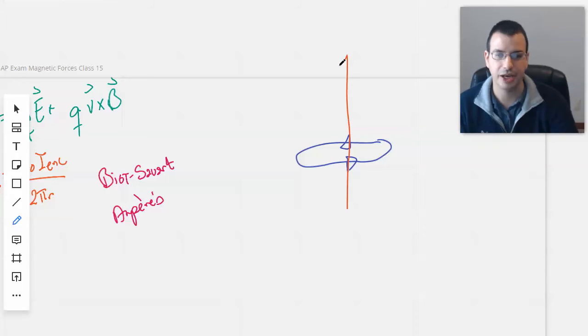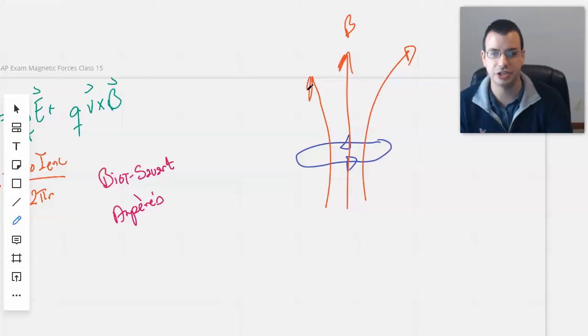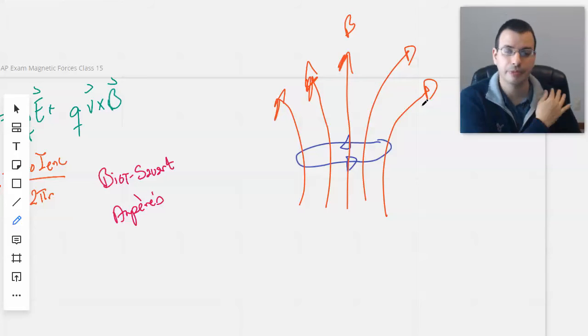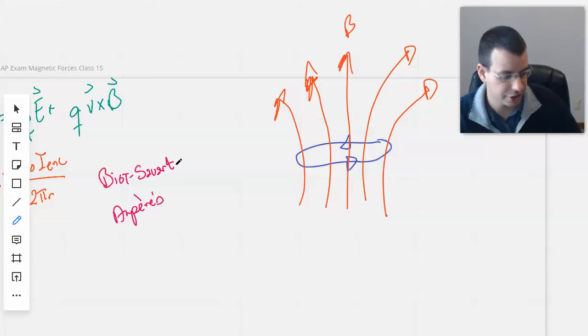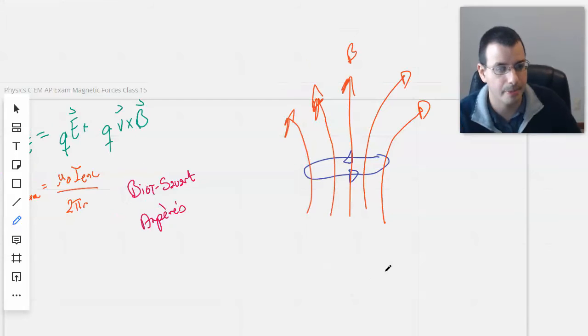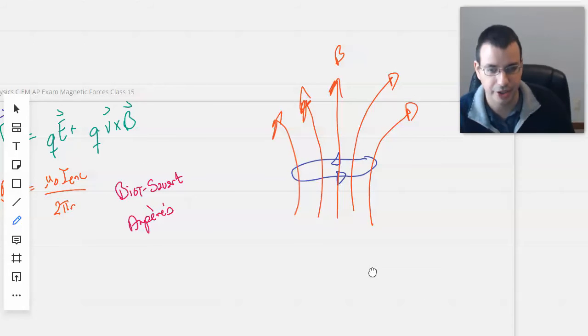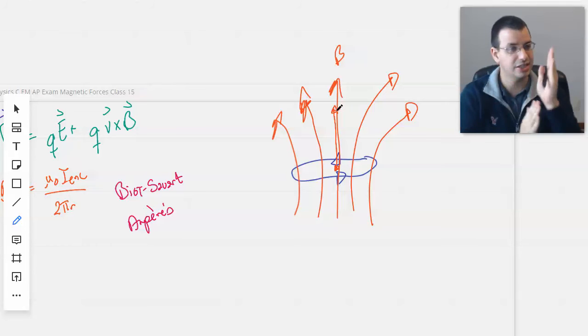So you're going to get something kind of like this for the magnetic field, and then it'll kind of zoom off towards the edges. But along the center line, it'll be straight. And then the question is, how do we find what that magnitude of the magnetic field is going to be? And we're only going to worry about the magnetic field along this center line here.